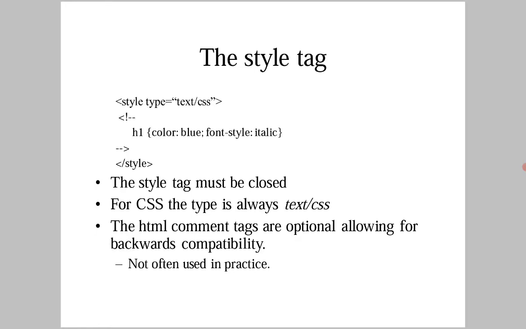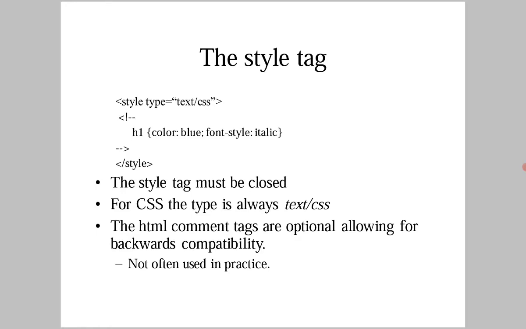So the syntax is: style type equals, within quotes, text/css, some comment symbol, h1 { color: blue; font-style: italic }. So h1 is the selector, some component of the HTML page, and color is the property.